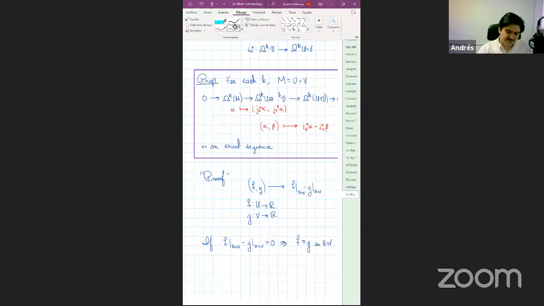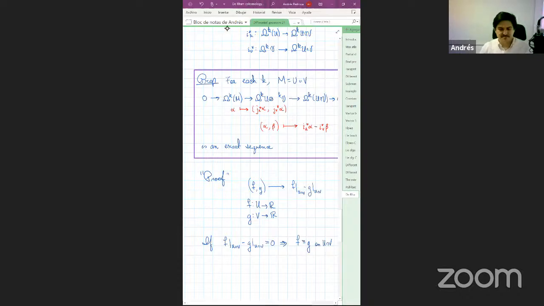What else? So we took an element here that is in the kernel of this map. I want to show that it is in the image of this map.